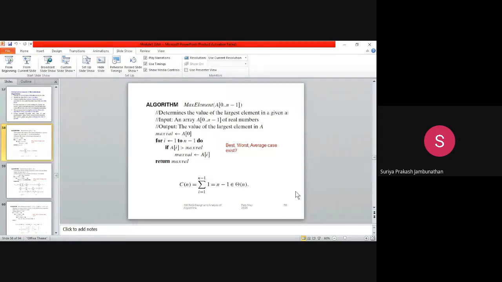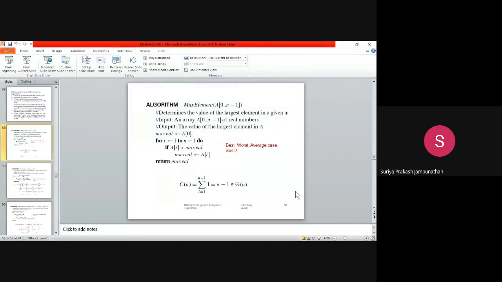So the input is an array A of 0 until n minus 1 of real numbers, so that your algorithm will execute fine. The output for this algorithm is the value of the largest element in A. For example, if the array size is 5, then A of 0 is 5, A of 1 is 10, A of 2 is 15, A of 3 is 20, A of 4 is 25.